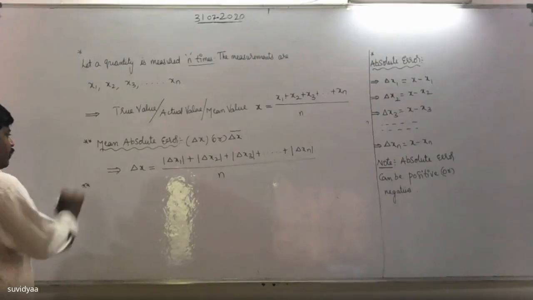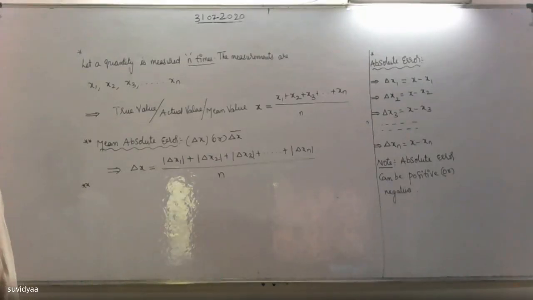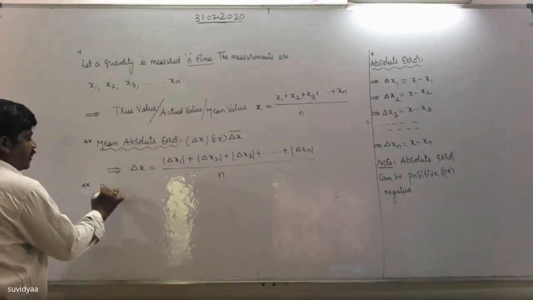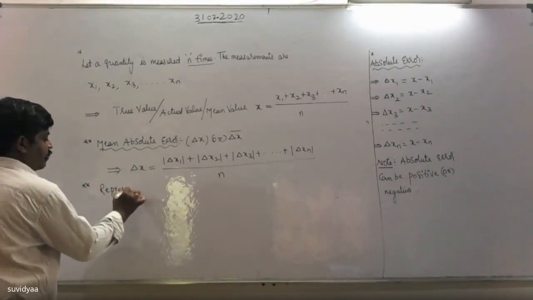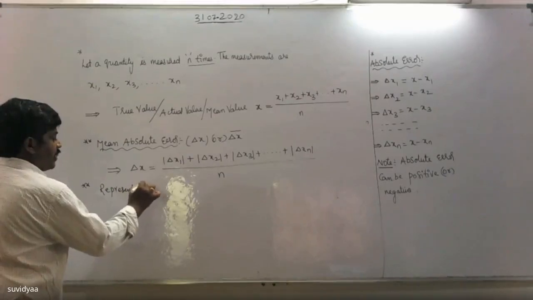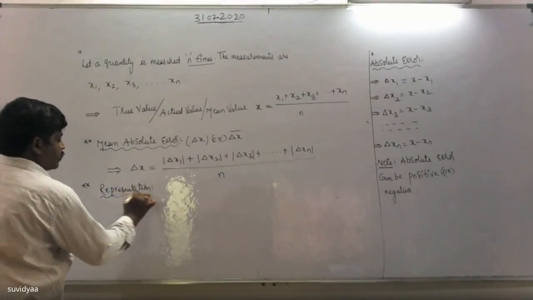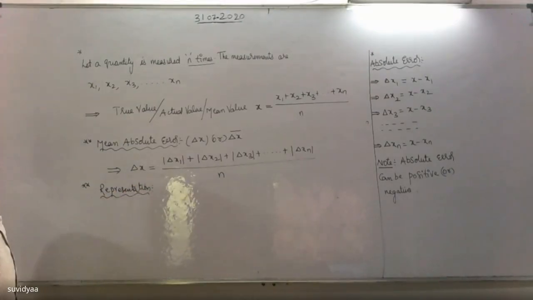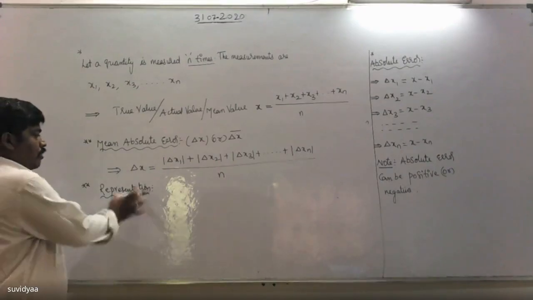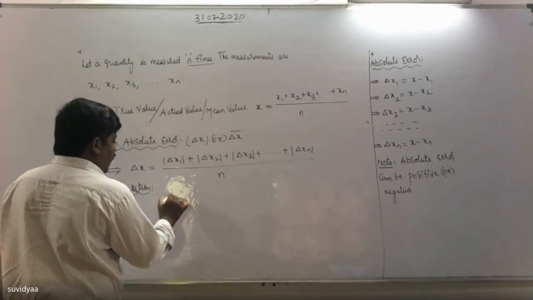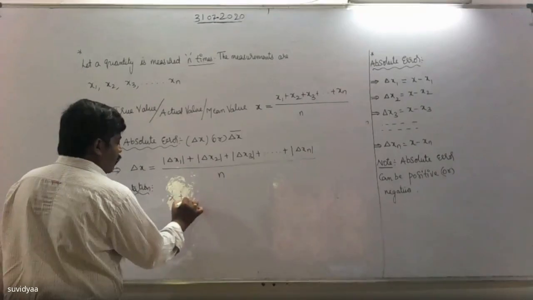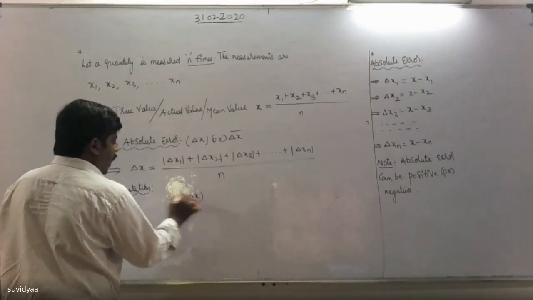Next formula, after mean absolute error: representation. How to represent? Simple: x plus or minus delta x.